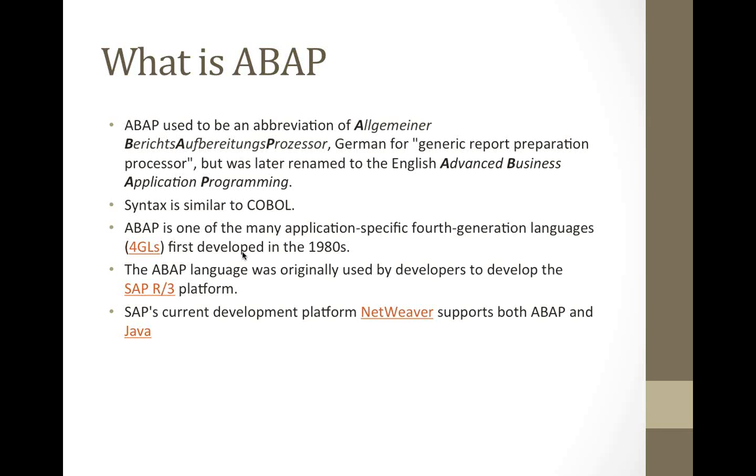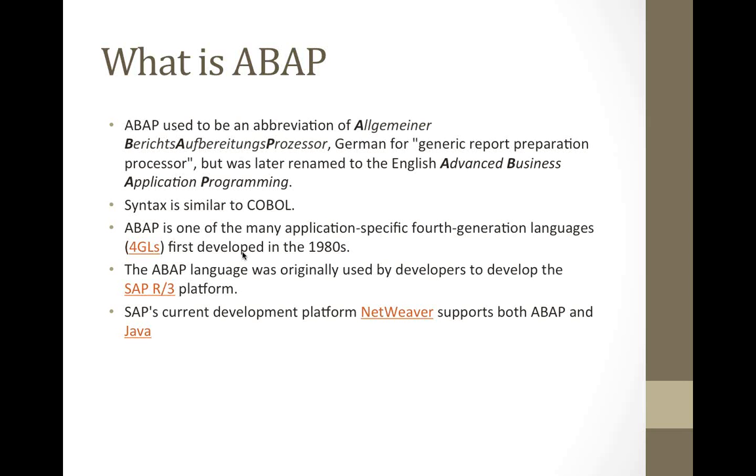So when I say R3, any guesses on R3? What exactly does it mean? Three-tier architecture? Yeah. SAP relies on three-tier architecture. Earlier it was a two-tier architecture, but SAP migrated itself to R3, where you have application, presentation, and database, three different layers.